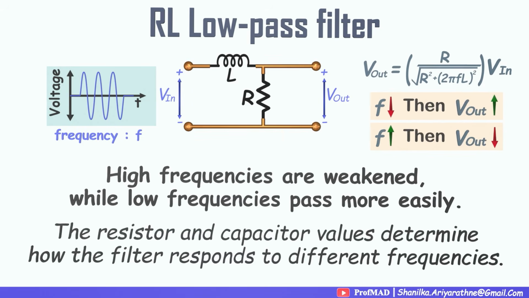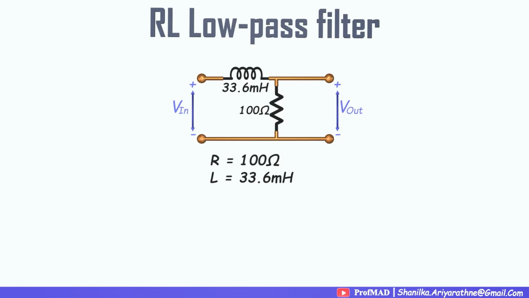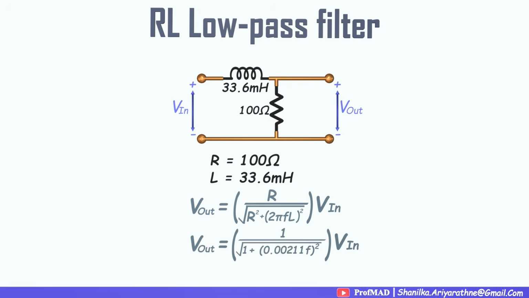By choosing different values for the resistor and inductor, we can control which frequencies pass through the filter and which frequencies become attenuated. For example, let's choose R equals 100 ohms, L equals 33 millihenries. Let's substitute these values into our equation. Our equation now becomes like this.